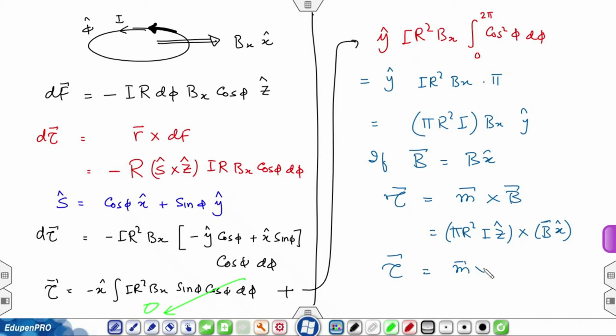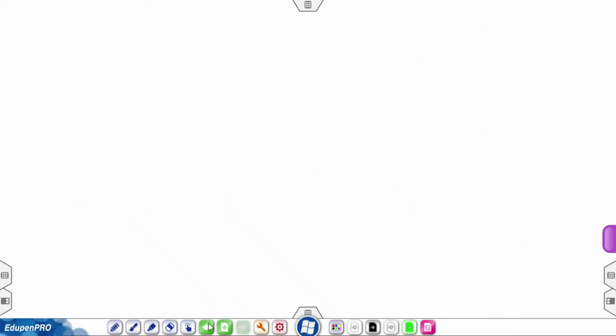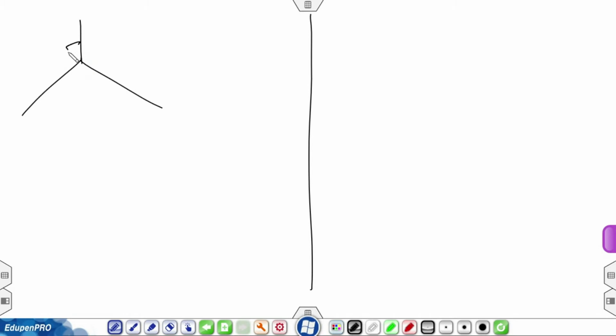Let us now do this in a rigorous mathematical manner. For that, I again consider this current distribution around the origin, and the torque on this current distribution is going to be the force on a small element cross R integrated over volume. So, actually this is not the correct way of writing it.